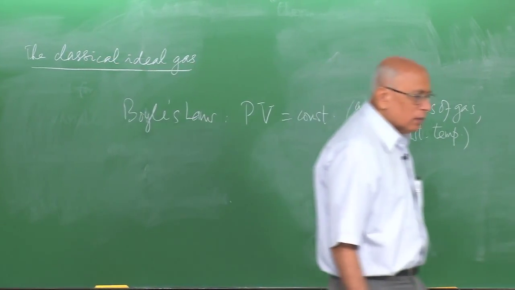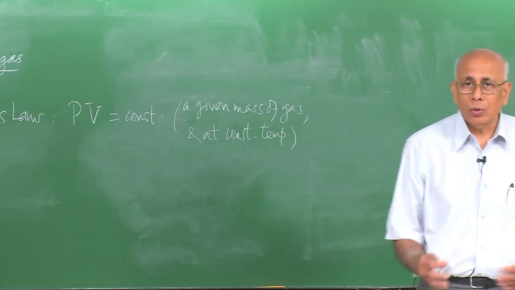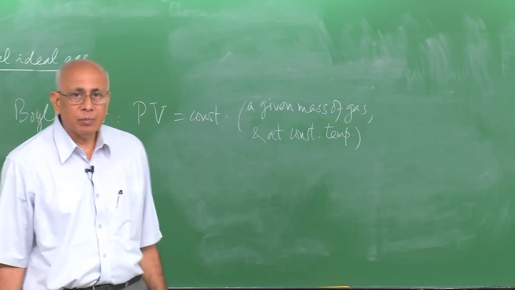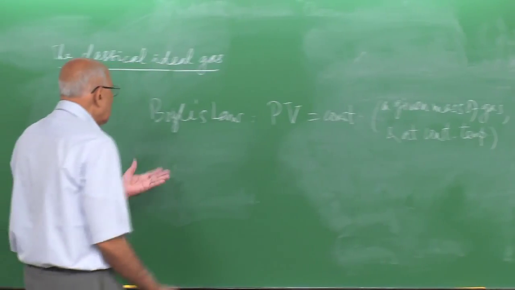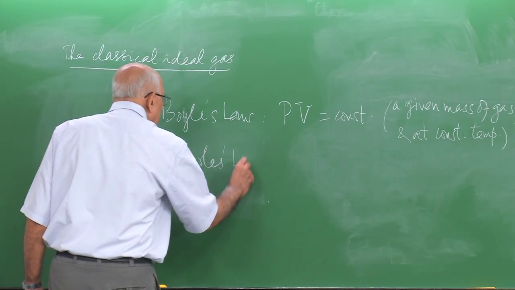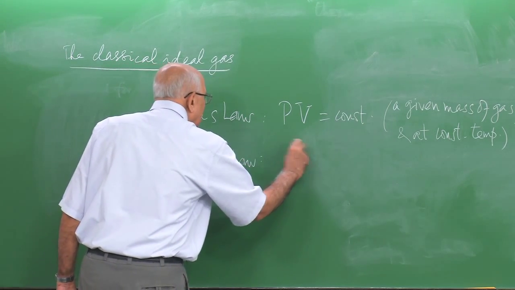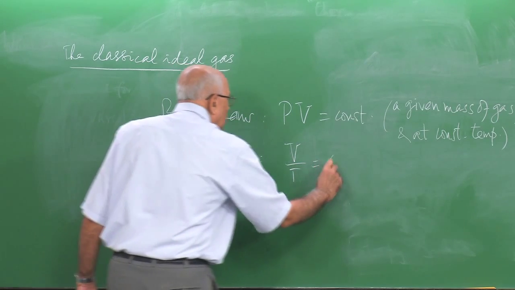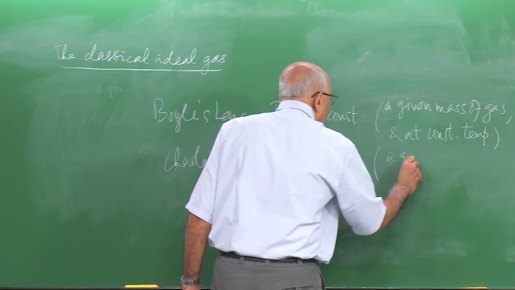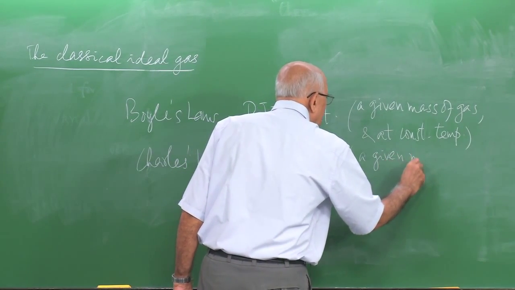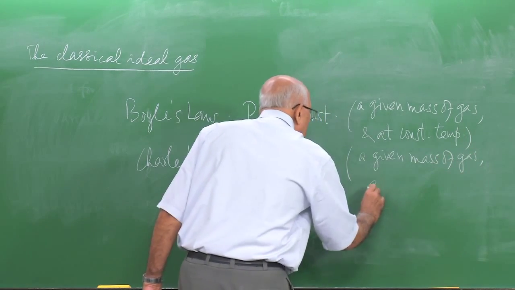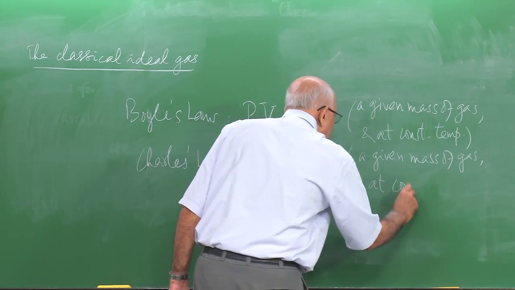There were of course deviations from it, and as we know today real gases do not obey this exactly, but to a good approximation they do at sufficiently high temperatures. And the other law was Charles's law, which said that V over T was equal to a constant for a given mass of gas and at constant pressure.